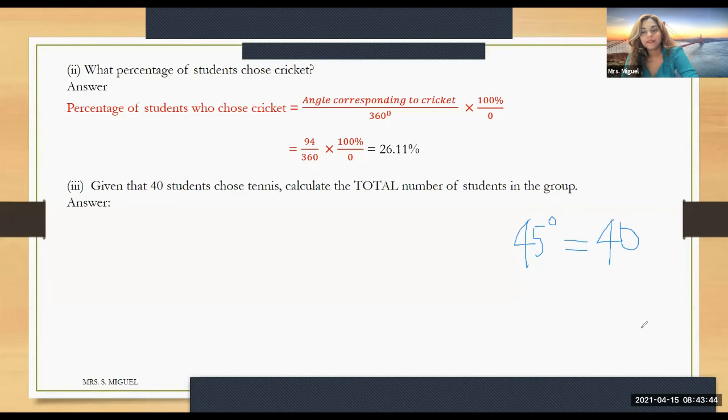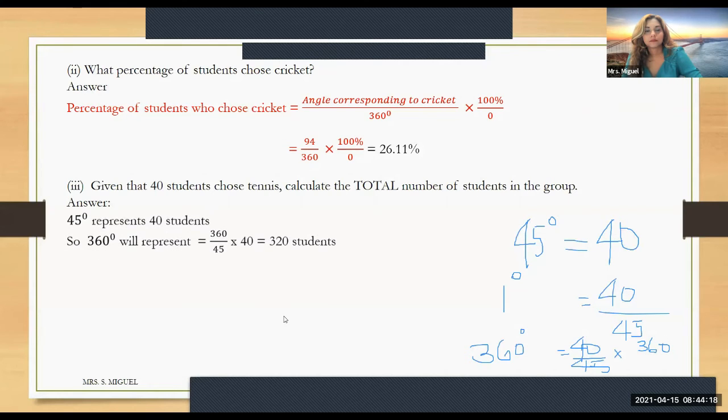So if 45 degrees is represented by 40 students, 1 degree will be 40 divided by 45, and for 360 we will get 40 over 45 multiplied by 360. So 360 is represented by 320 students.